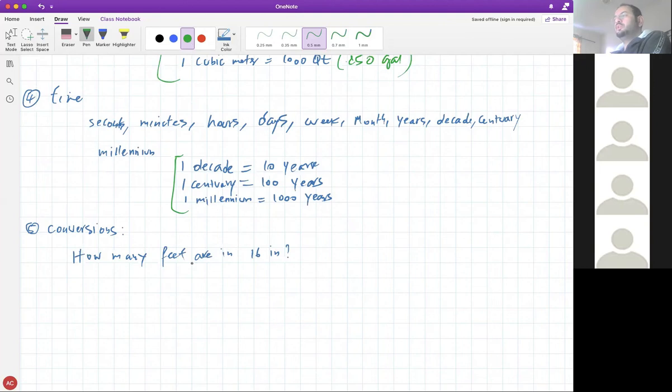First of all, you notice the units. We have feet and we have inches. So you want to remember the formula that links feet to inches. What is that formula between feet and inches? How many of what is in what? The very first formula we saw.